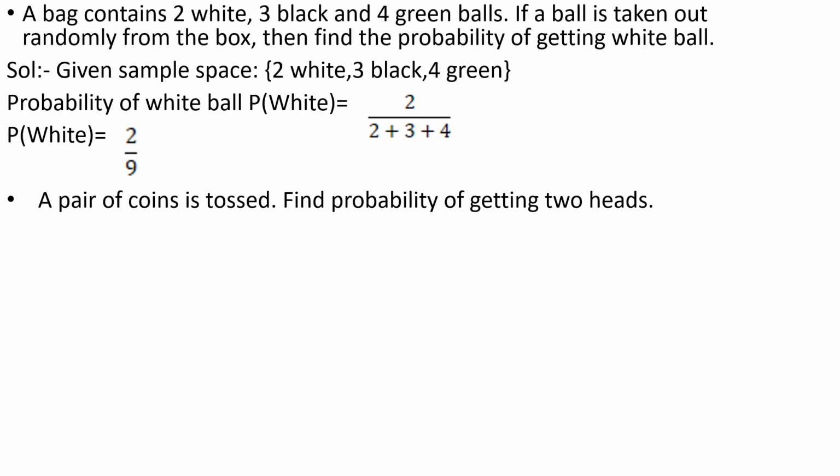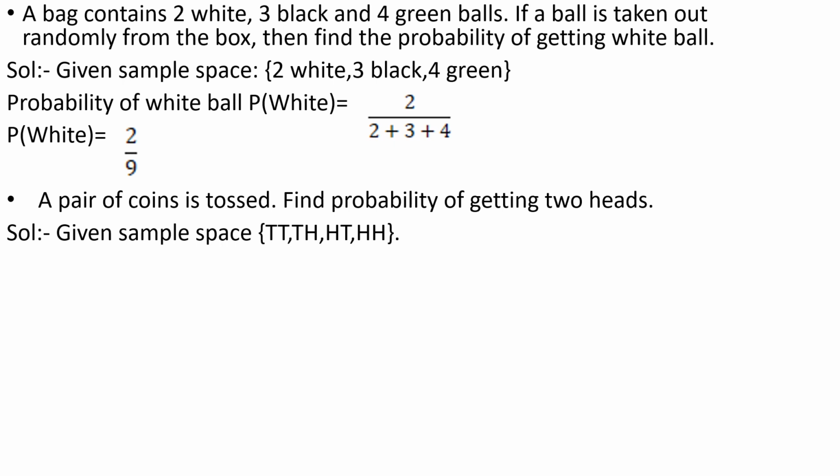Now similarly we'll pick up another question where, say for example, we have 2 coins that we are simultaneously tossing, and we want to check the probability of getting both coins at the same time as heads. So here as well we'll first identify the sample space. So the sample space will be either both heads, or a head and a tail, or a tail and a head, or both coins getting tails.